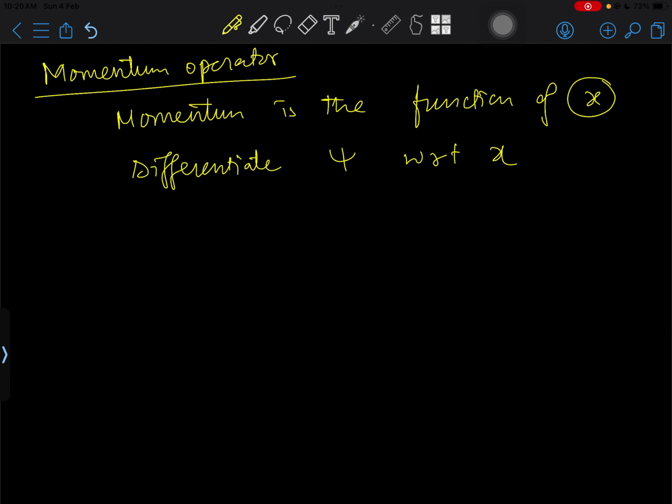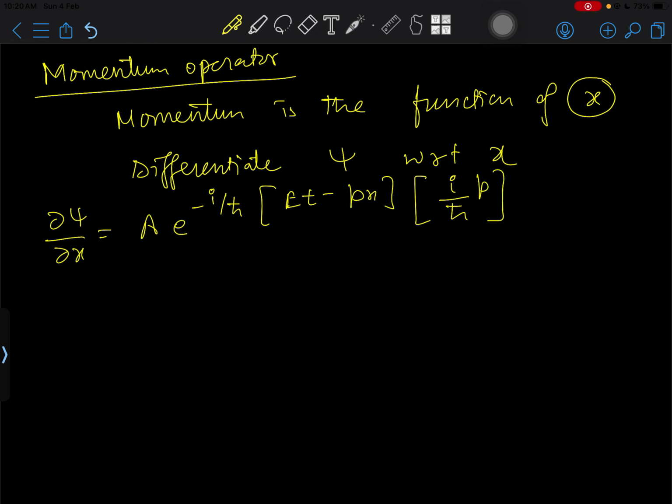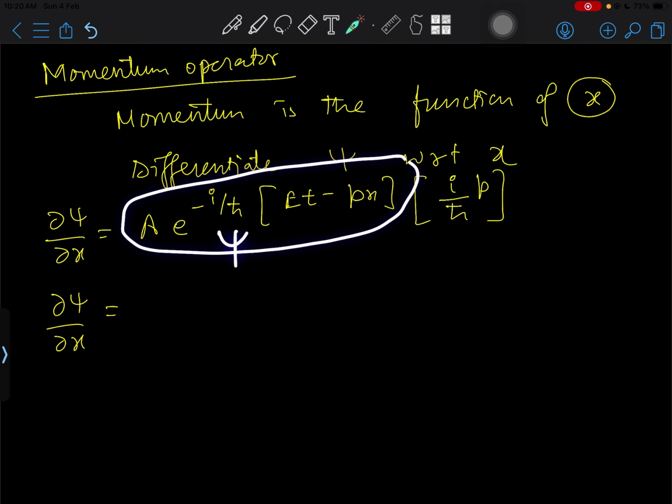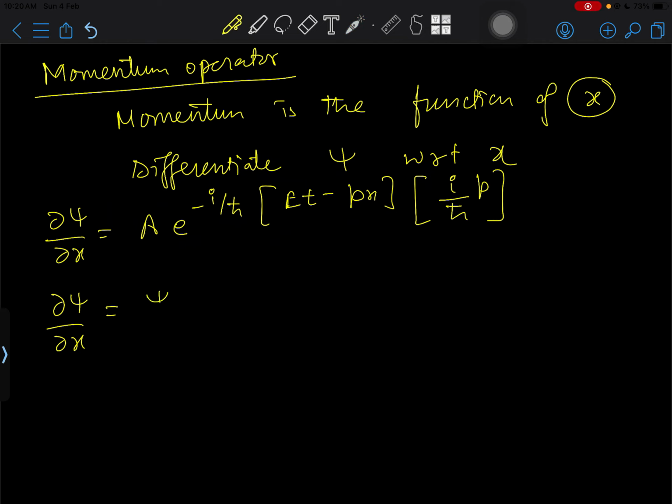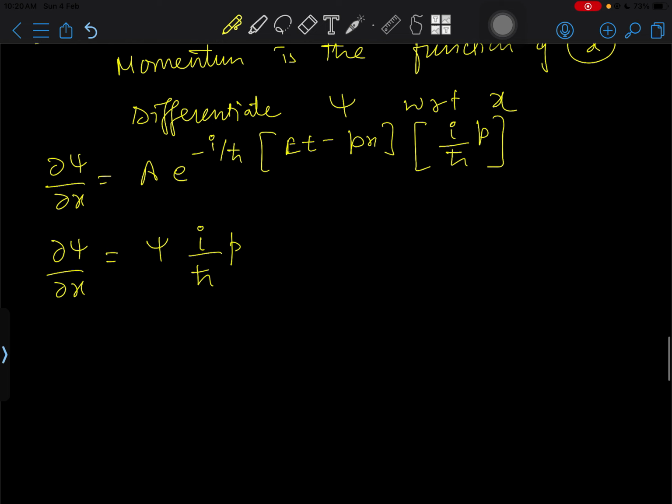So ∂ψ over ∂x is equal to A e to the power minus i by ħ (Et minus px), times i upon ħ into p. This particular term is the ψ itself, so ∂ψ over ∂x is equal to i upon ħ pψ.